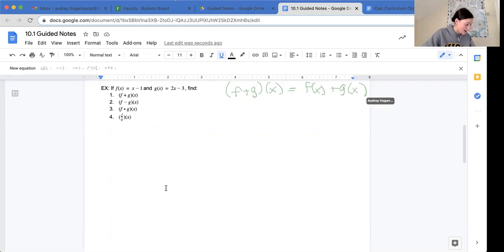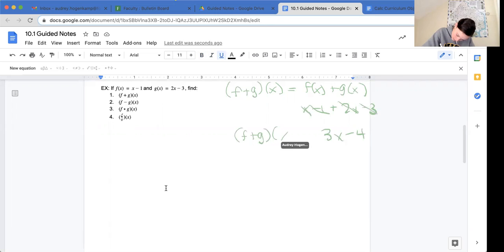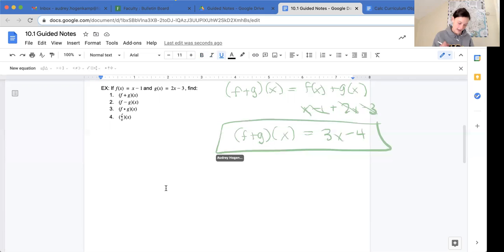So if f of x is x minus 1 plus g of x is 2x minus 3, then we can simply add those together, and 2x plus x is equal to 3x. Negative 1 minus 3 is going to be minus 4. So we could say that f plus g of x is equal to 3x minus 4. So now you probably see what I mean about this essentially just being notation.